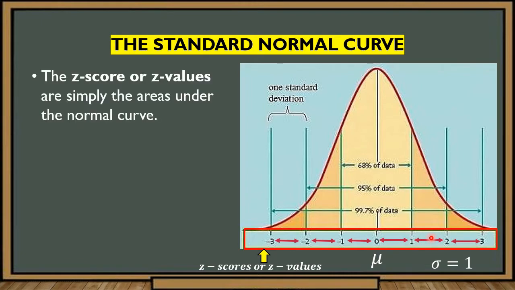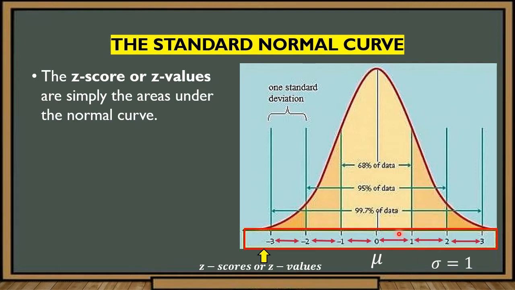So we can also have z-scores or z-values between these values. So take note that the z-score or z-values are simply the areas under the normal curve. So for example, if we have z is equal to 1, meaning we have an area that is equivalent to the z-value of 1.